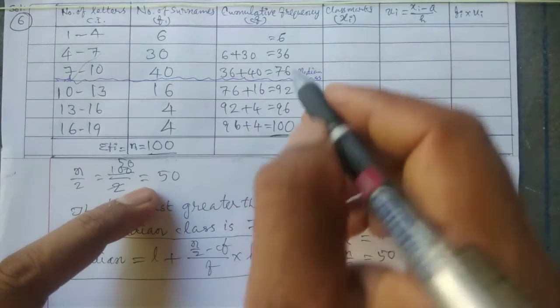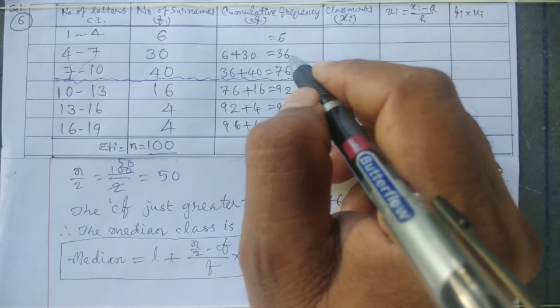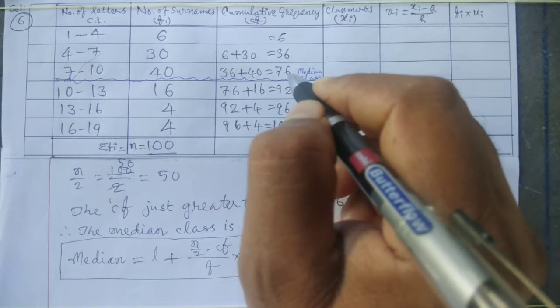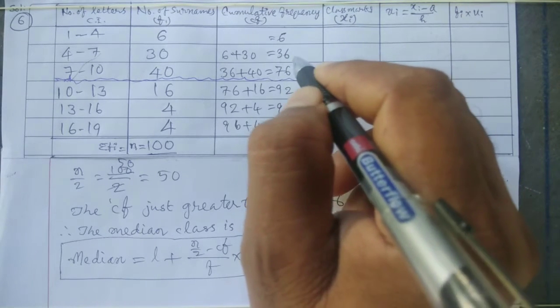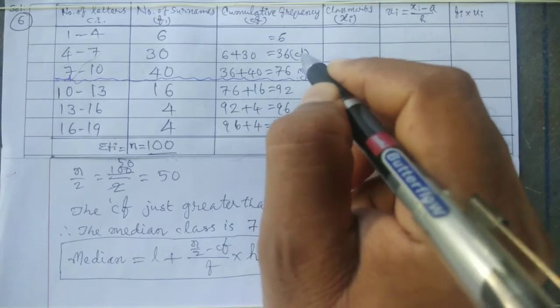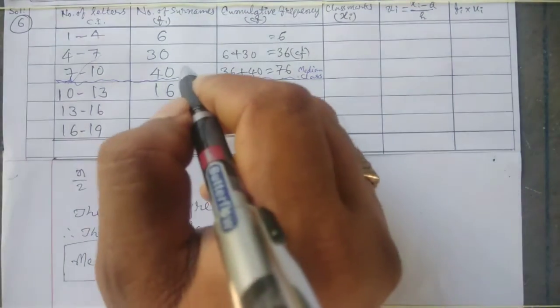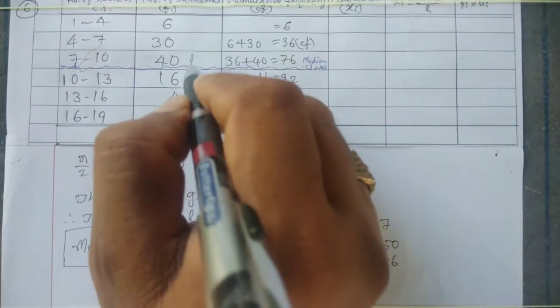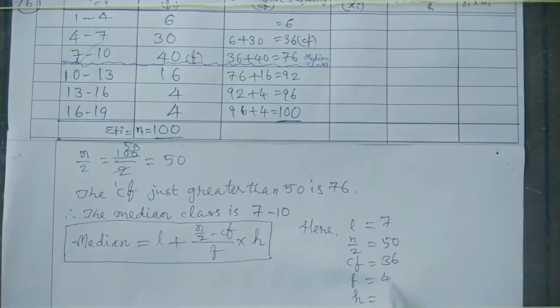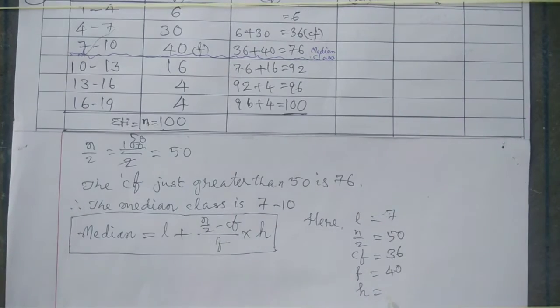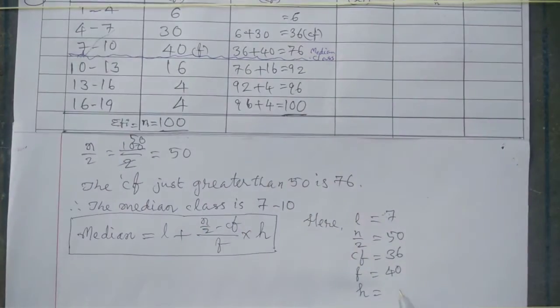CF is the frequency of the class preceding the median class, so this CF is 36. The frequency of the median class is 40. And H, height of the class, is 3.